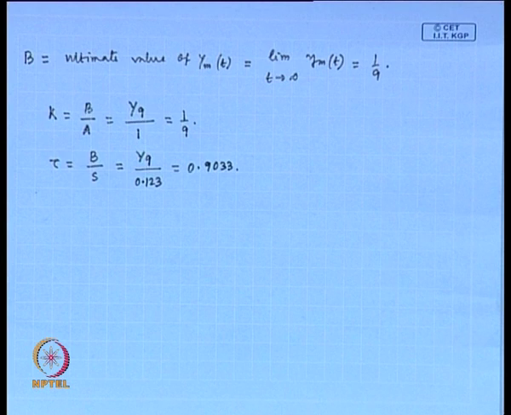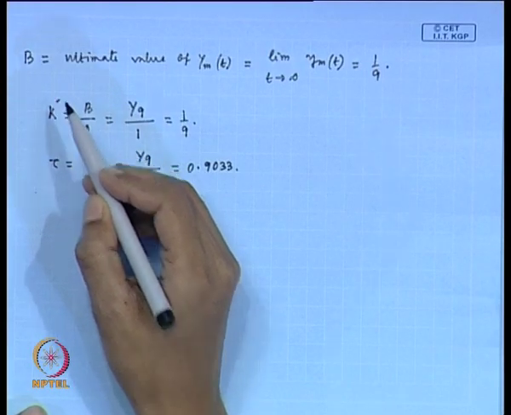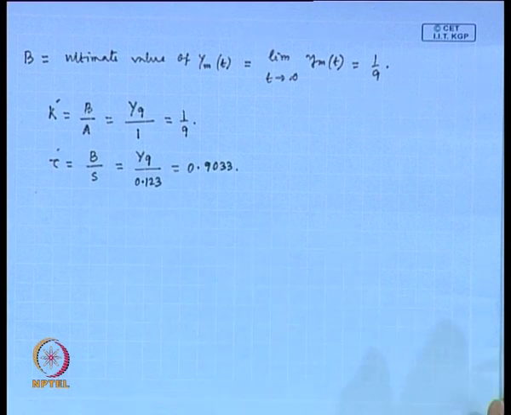So, tau is 0.9033. In the Cohen-Coon method, basically the response of chemical processes subjected to step input can be approximated by the response of a first order plus dead time system. So, accordingly we have determined the K, tau and Td.